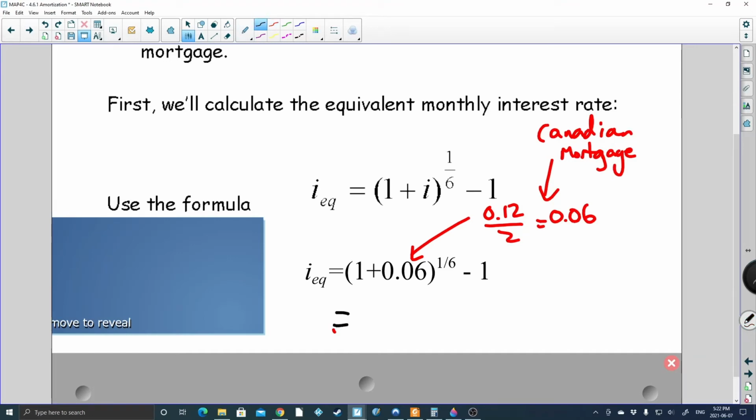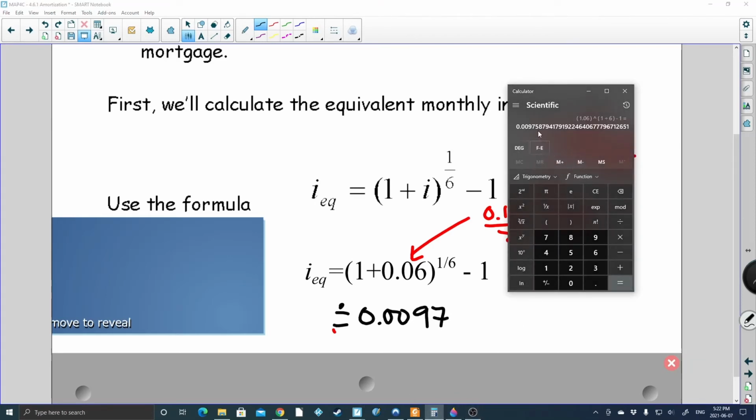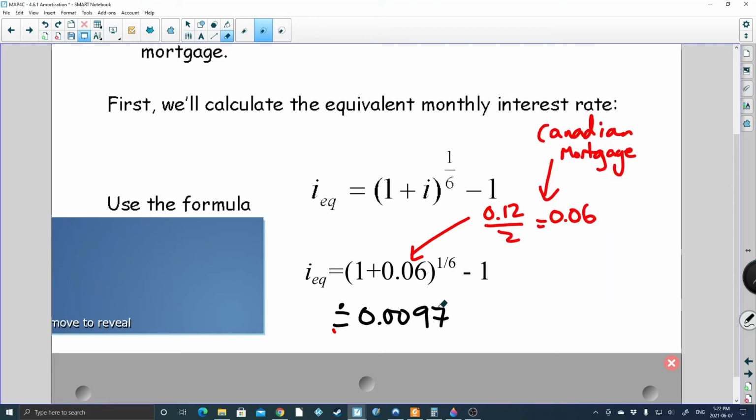Actually, let me just check here. Let's round it to 9.8 because there is a 5.8 right after there. So we'll round it off to 9.8, just so that it's a little bit more accurate.